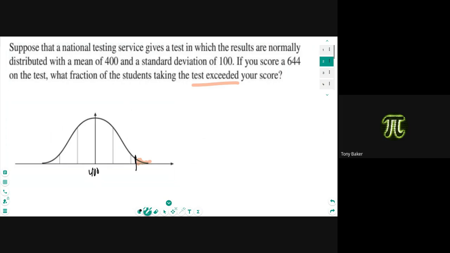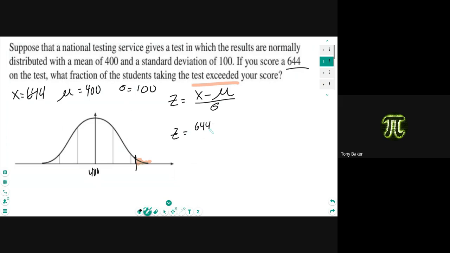All right, what was the z-score formula? X minus the mean over the standard deviation. So in this case, my x is the score we're looking for, which is the 644. My mean is 400, and my standard deviation is 100.